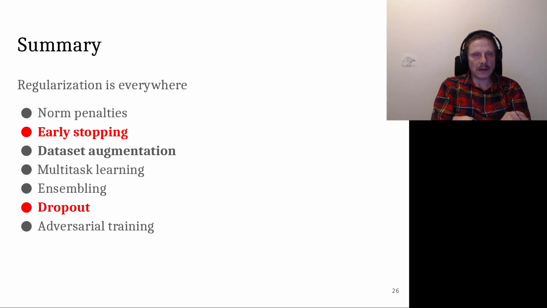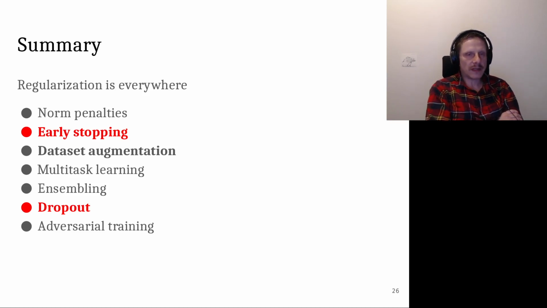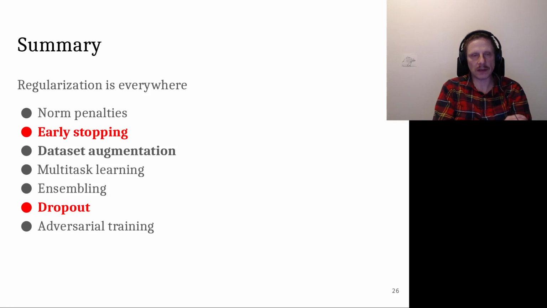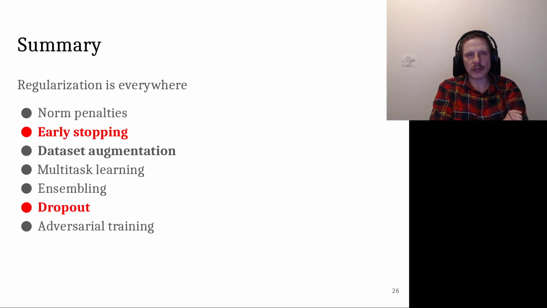These are things which are basically obligatory in deep learning. We always do these things, almost always. They are very standard. The other approaches to regularization are also interesting. They are not universally used, but definitely something to consider.